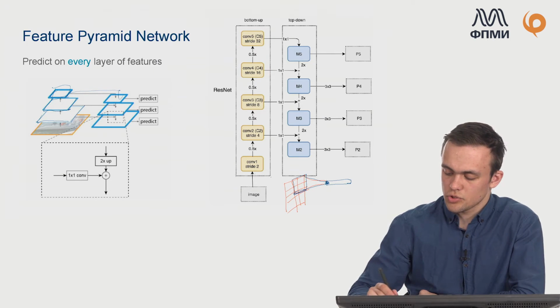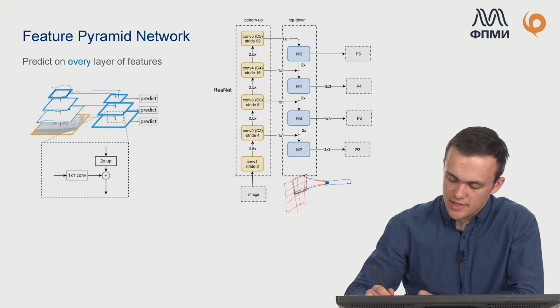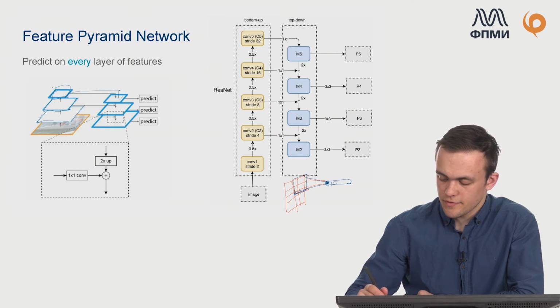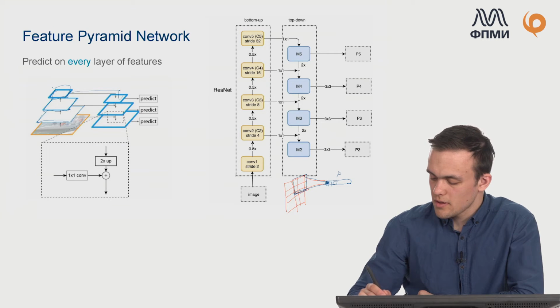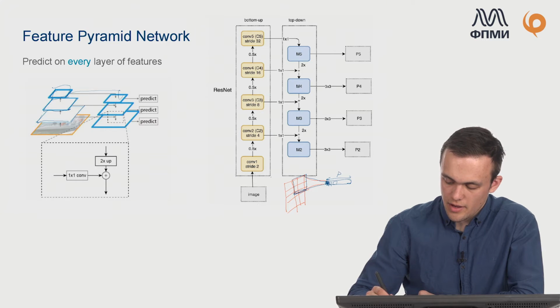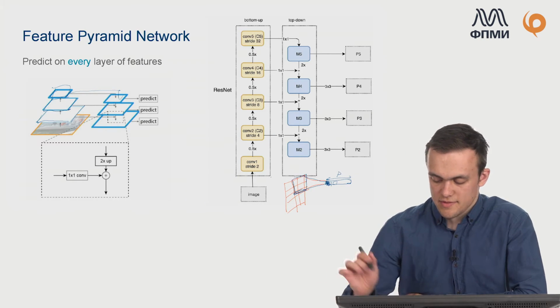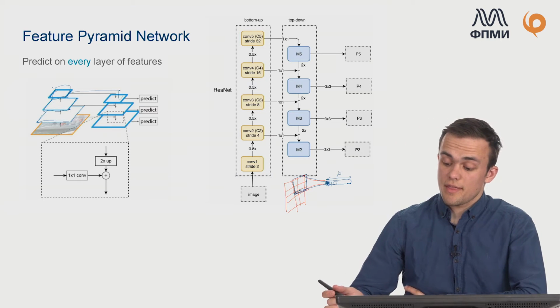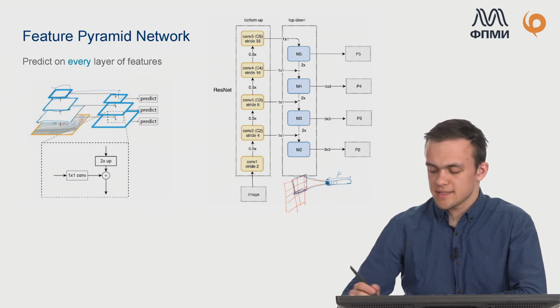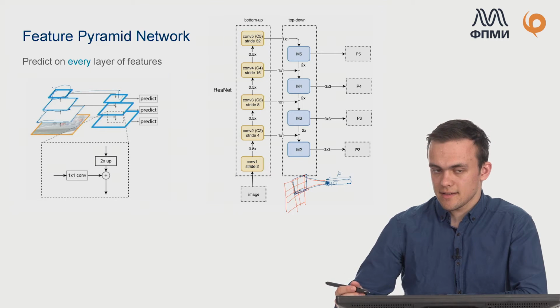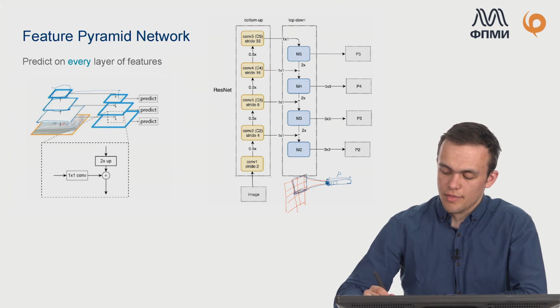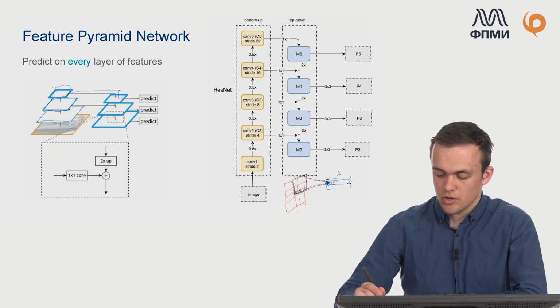These are outputs of different filters. Let's say there are p filters, and every output is multiplied by a matrix and passed through some nonlinearity. But the one-by-one convolution is basically a dense layer that is applied to this output vector.